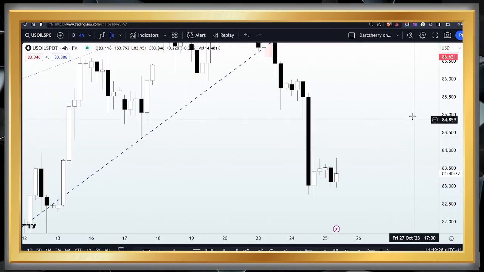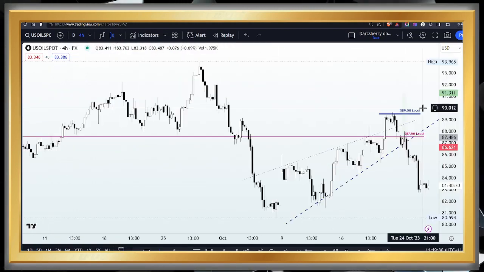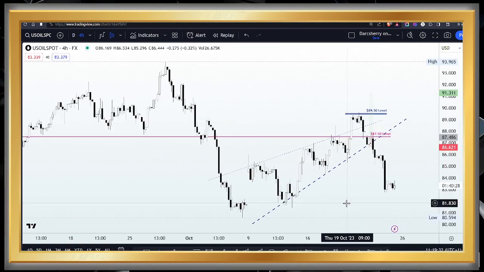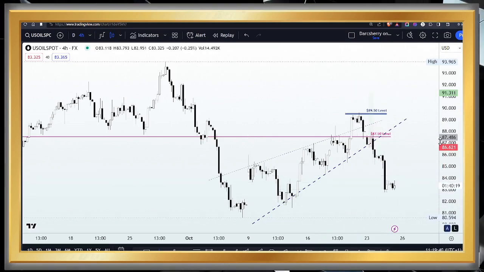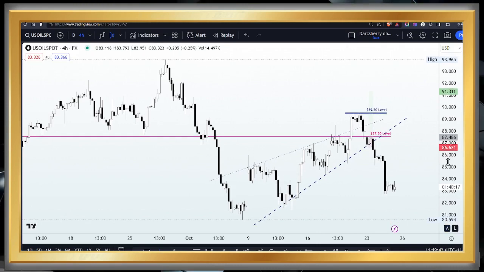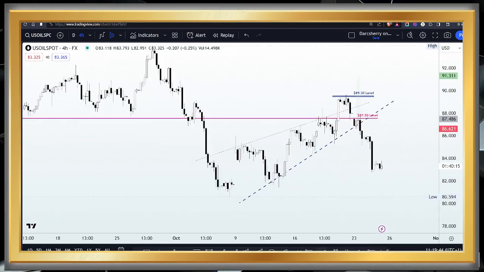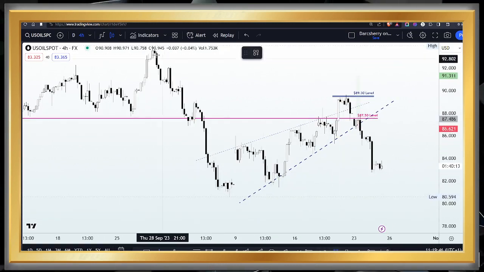Now, back to the 4 hours time frame, let's refresh our memories as to what we saw at the beginning of the week. The first thing we noticed on this chart on the 4 hours time frame was a downtrend continuation pattern, that is the wedge which we saw here at the beginning of the week.